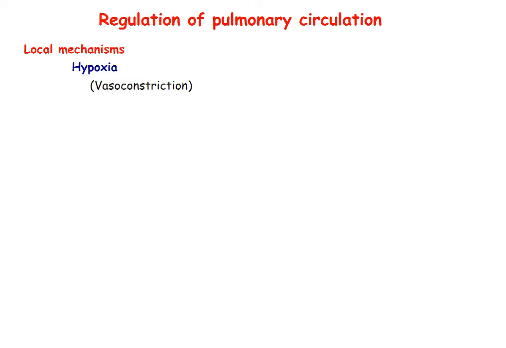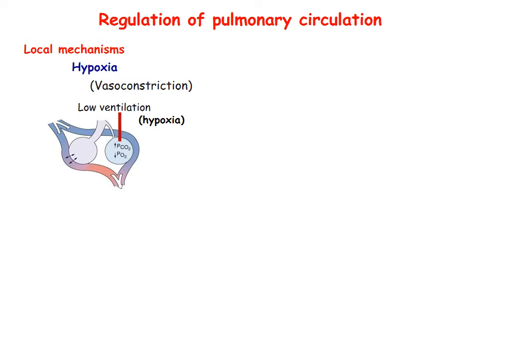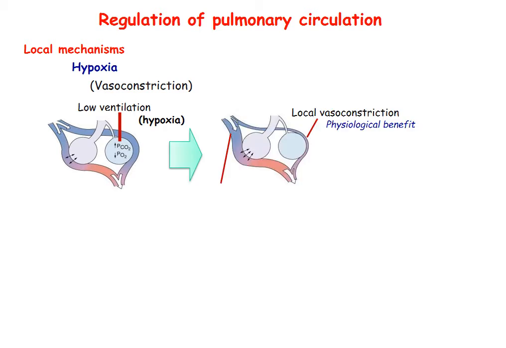The pulmonary blood flow is mainly regulated by local mechanisms, in which hypoxia has a mandatory role. This situation of hypoxia produces a vasoconstriction. For example, if one alveolus receives a low amount of oxygen and a great amount of carbon dioxide, the vessels that irrigate this alveolus constrict.